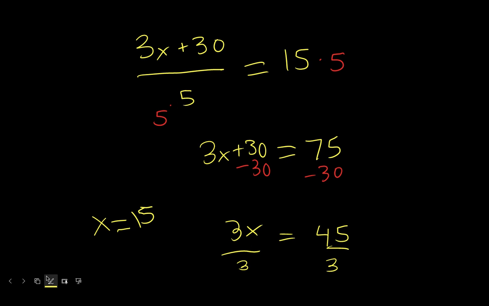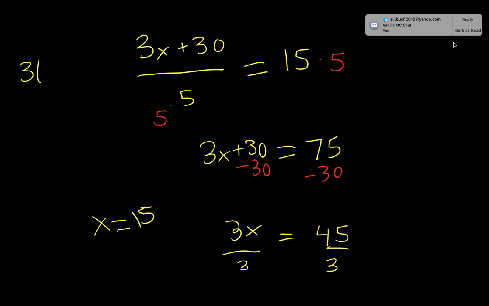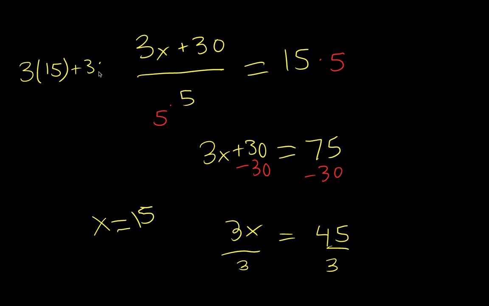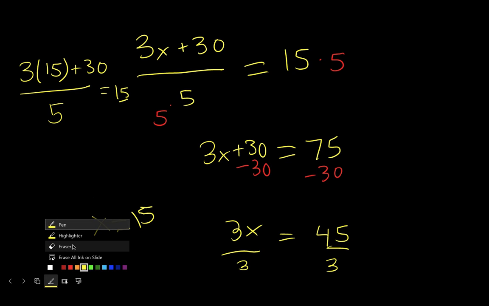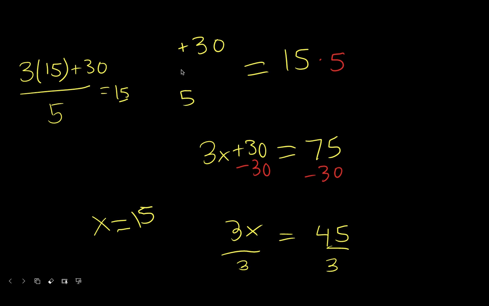Let's quickly check it. So we have 3 times 15 plus 30 over 5 is equal to 15.